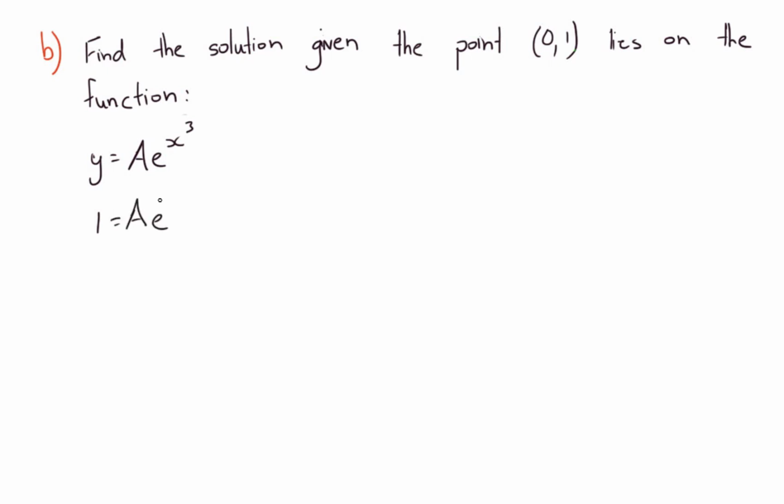Well, we get e to the power of 0 cubed. Now 0 cubed is just 0. And what is e to the power of 0? Well, anything to the power of 0 is just 1. And so we have 1 equals a. Substituting that back in, that means the solution we are after is simply y equals e to the power of x cubed. And that's our solution.